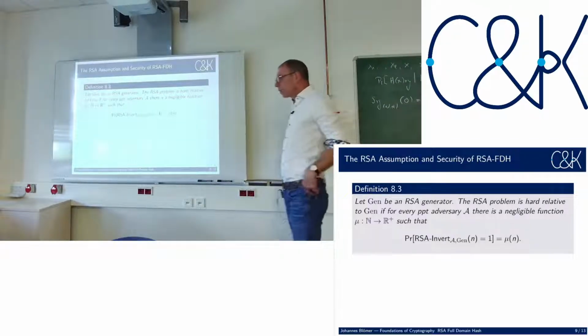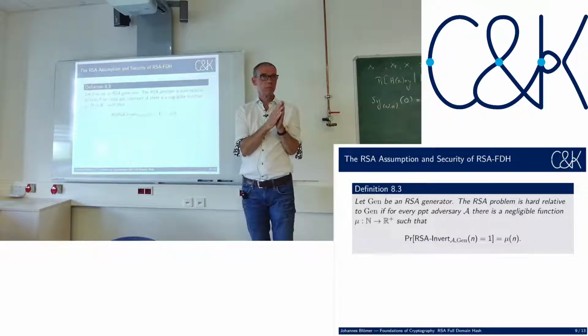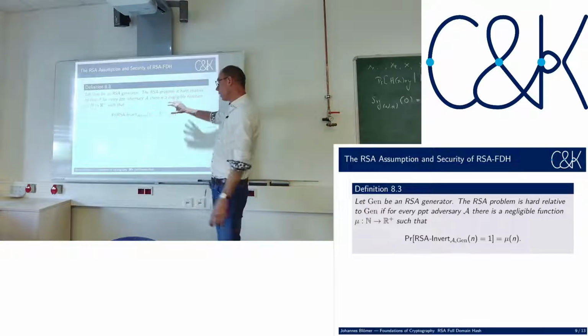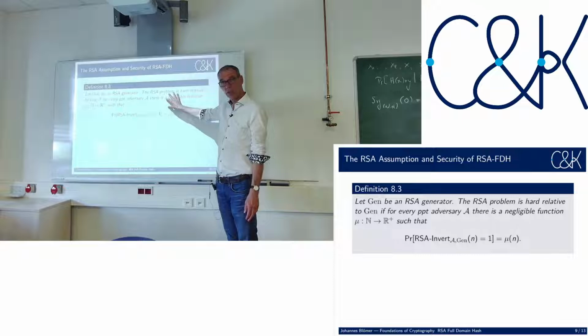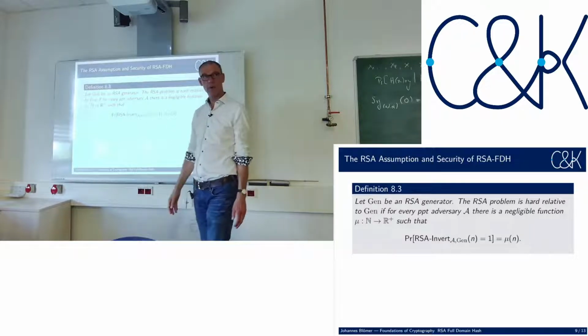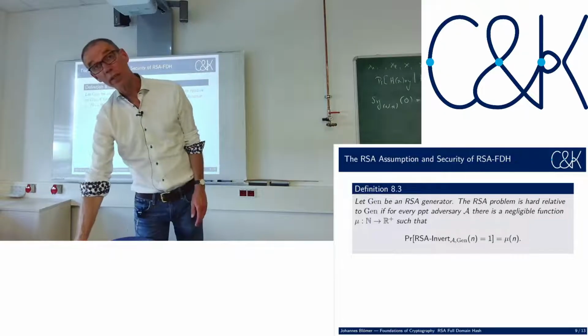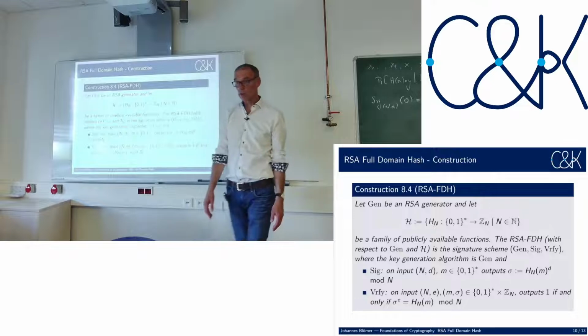Okay, and so this is our assumption that we have to make about RSA. Then the next theorem shows that if we have a key generator that satisfies this definition, and we combine textbook RSA with a random oracle, or a function that's modeled by a random oracle, then we are on the safe side. We get a good signature scheme.